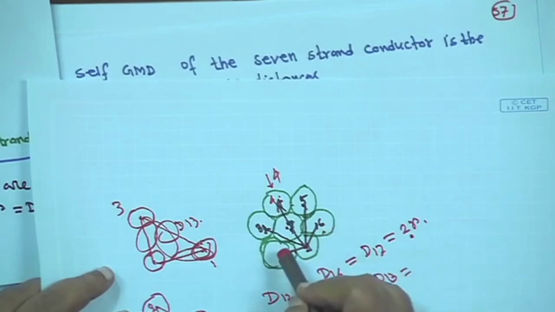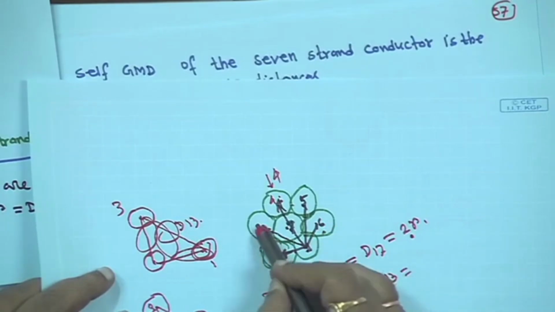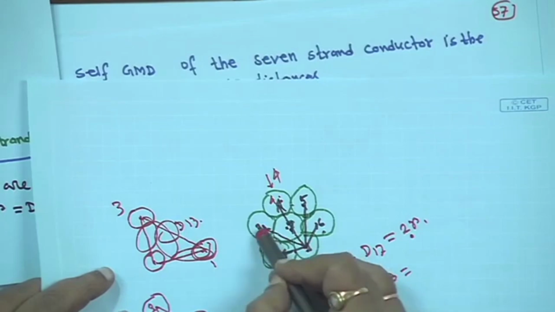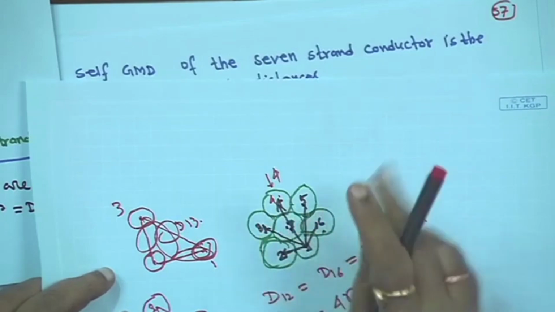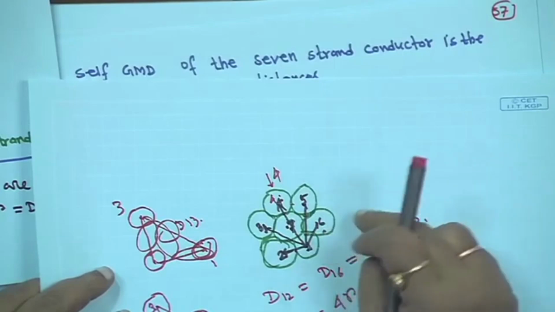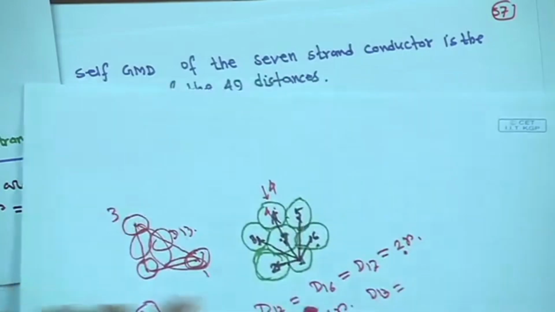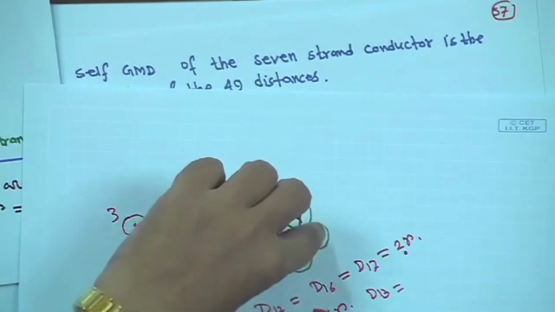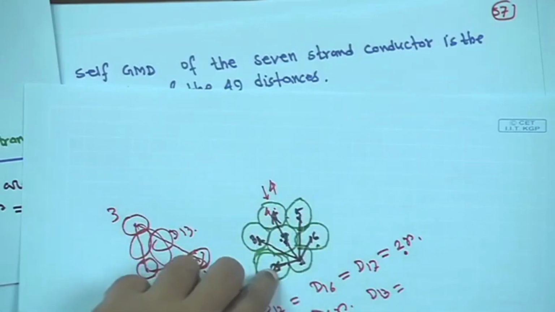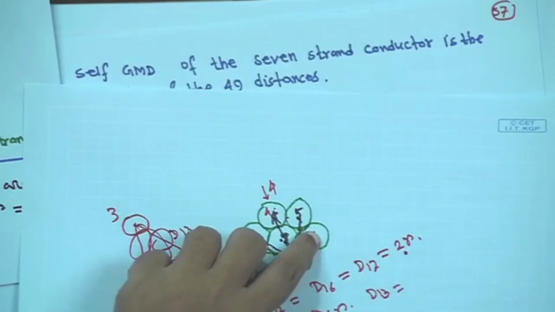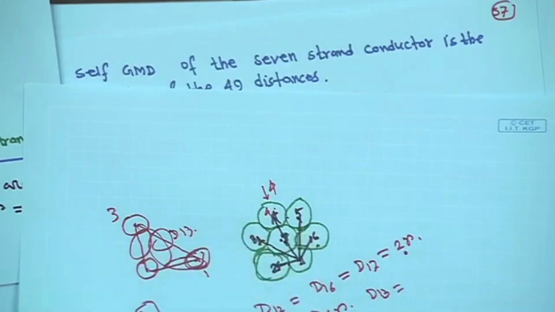Similarly, if you consider this conductor also, then you have to take this distance and this distance. Every time twice it is coming, and d12, d16, d32, all distances are the same. So for each conductor, this distance is repeated twice, because d12 and d16 are the same, d12 is equal to d16.